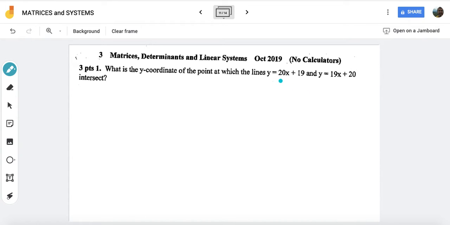This is set up nicely for substitution because they tell us y equals this and y equals that. So I'm going to make this equal to that, substituting in for y. The next one I do won't be as simple as this. But I can just have those two expressions equal each other because they both equal y, therefore they must equal each other.